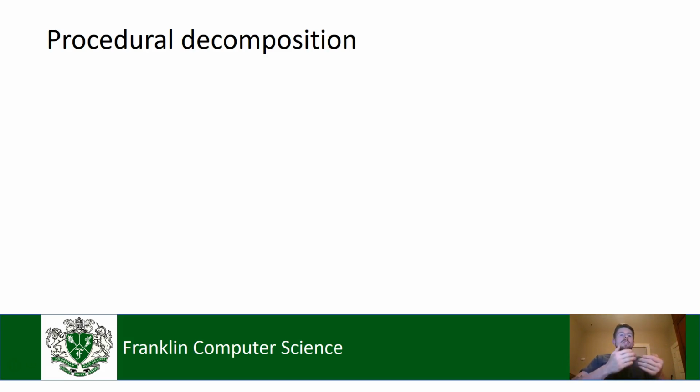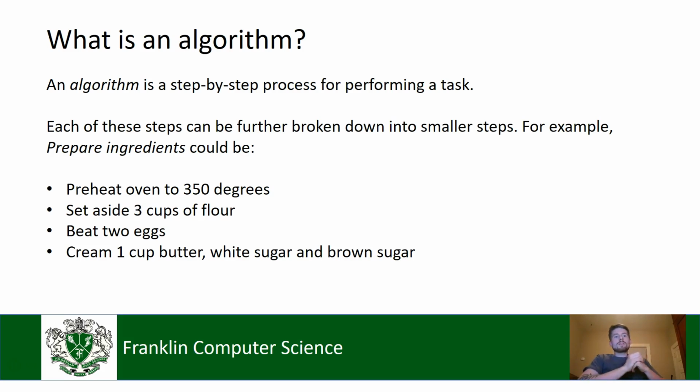And there's a lot of leeway in terms of how small of a breakdown do you need to get. If we go back to this example, it's possible that, cream 1 cup butter, white sugar, and brown sugar, maybe I don't really know what this looks like, and I need to break this down further, right, into another set of steps, right?